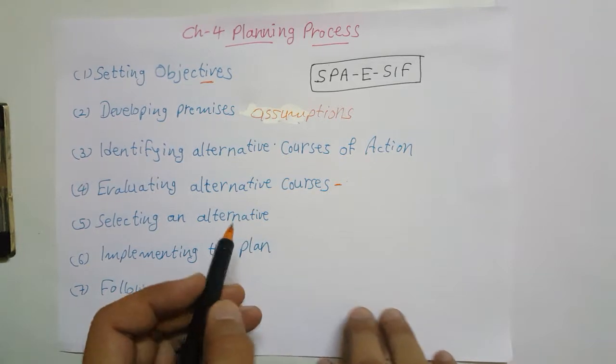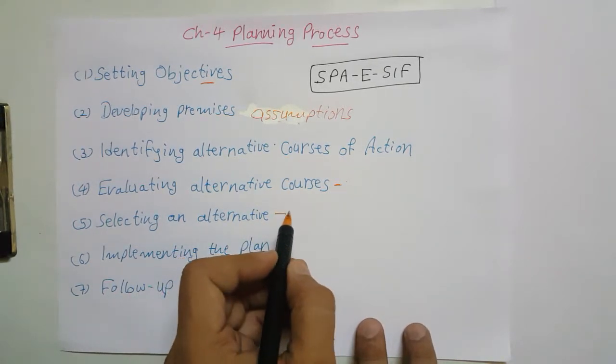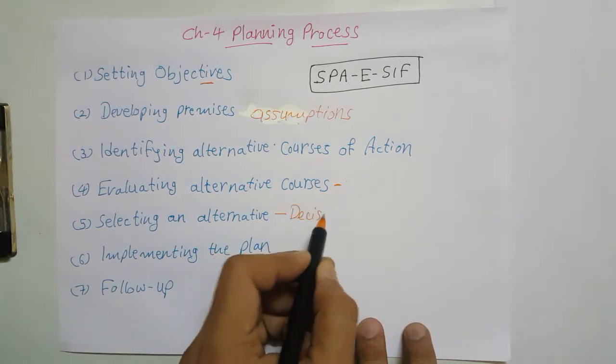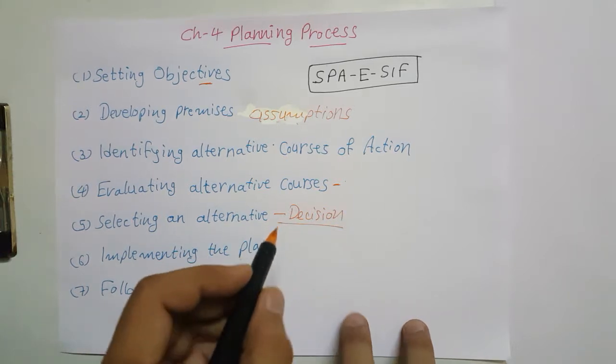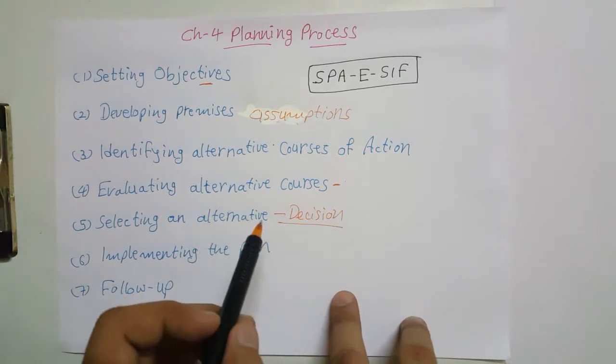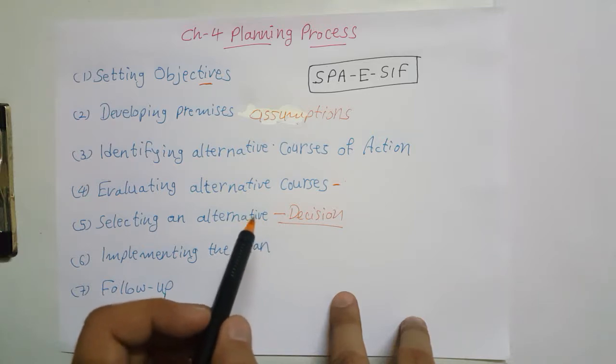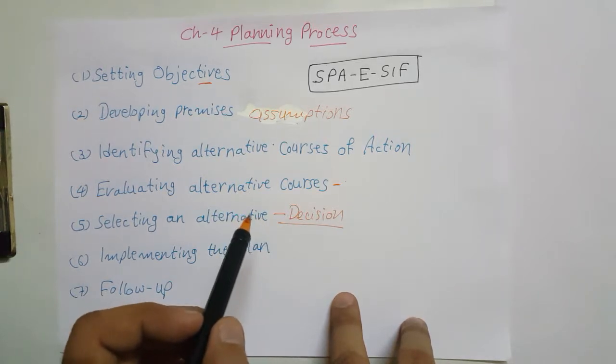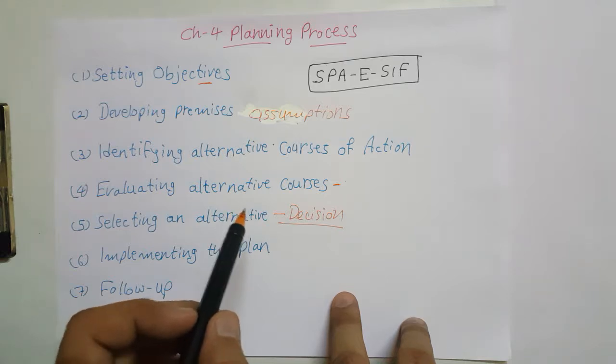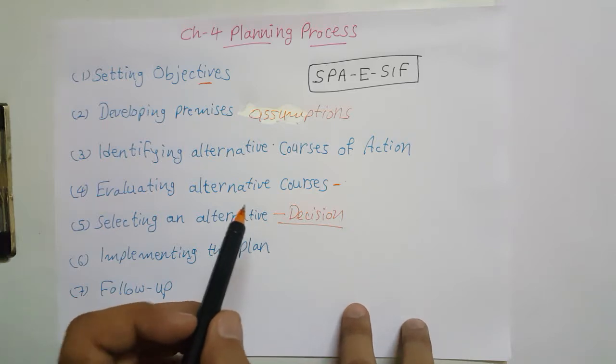All right, so afterwards next is selecting an alternative. When we are selecting an alternative, that means here we are taking a decision about how we are going to follow the planning, how we are going to do the work. So here it involves some quantitative analysis, some judgments, and it is based on the experience of the manager.